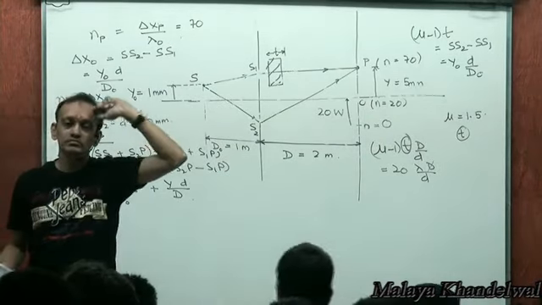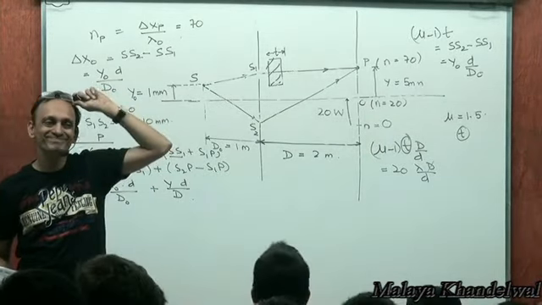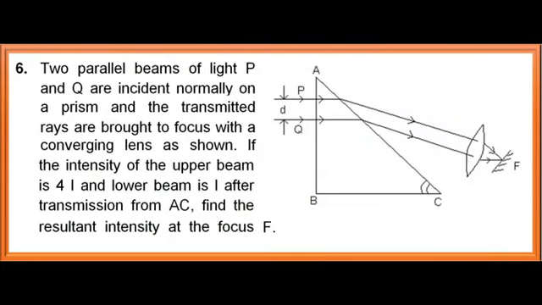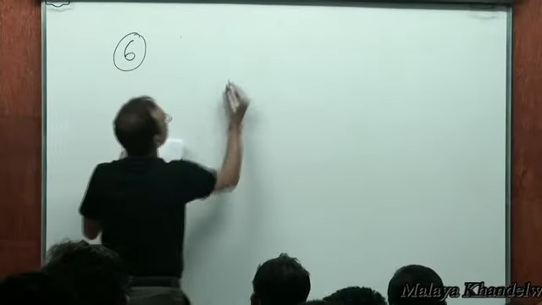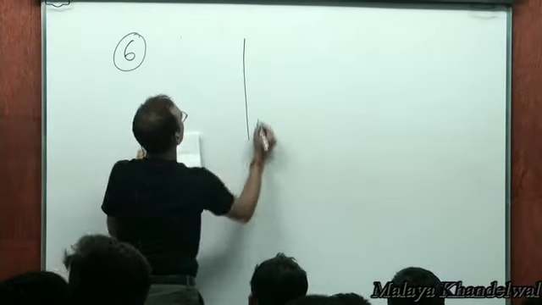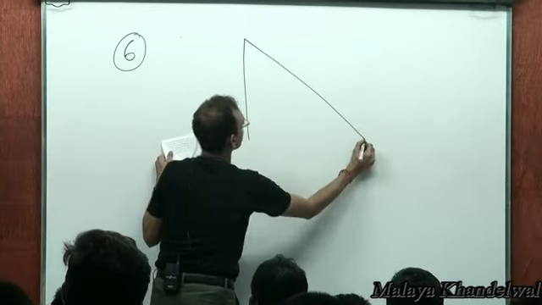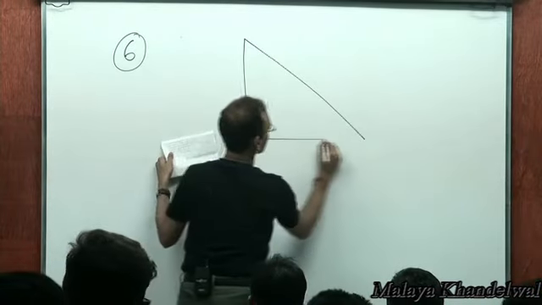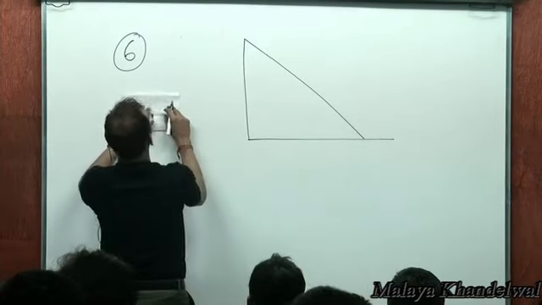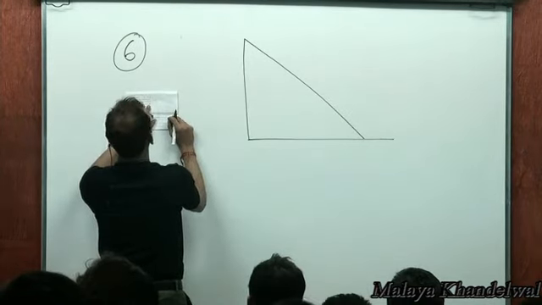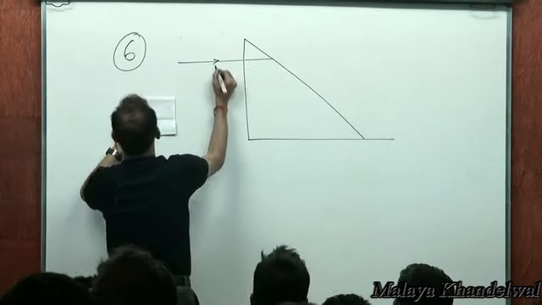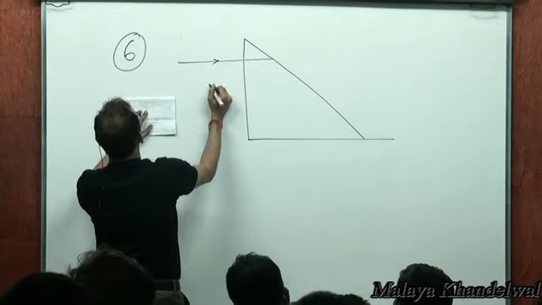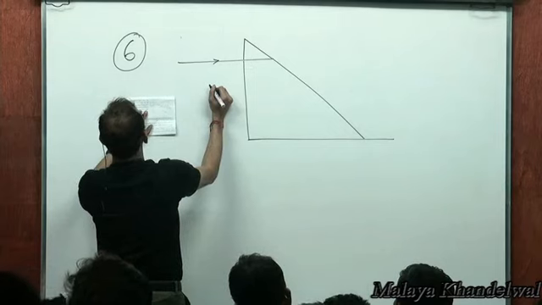Shall we proceed? So far so good, right? Two parallel beams, this is one, incident normally on a prism.